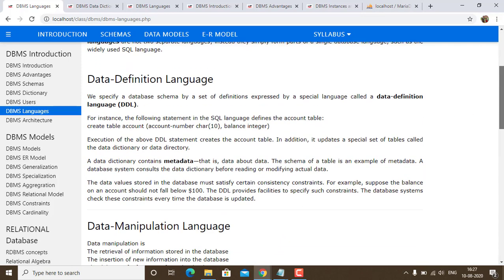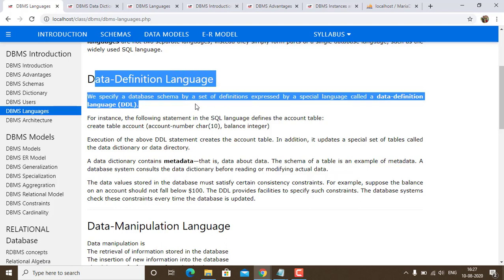Now proceeding further, we are going to look at what is data definition language. In data definition language, we simply specify a database schema by a set of definitions expressed by a special language called a data definition language, also referred to as DDL.